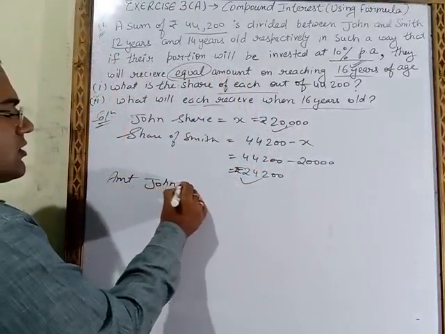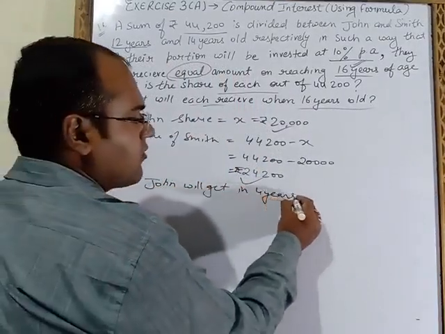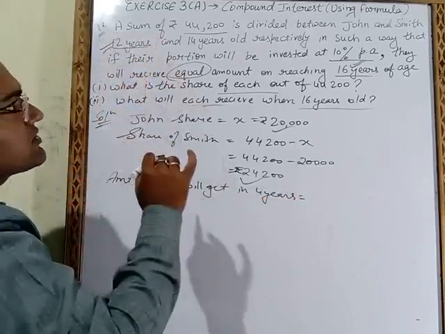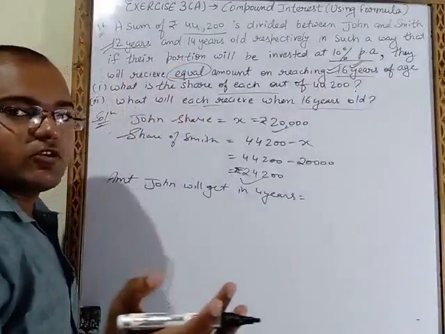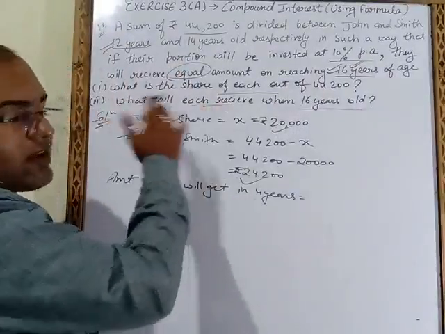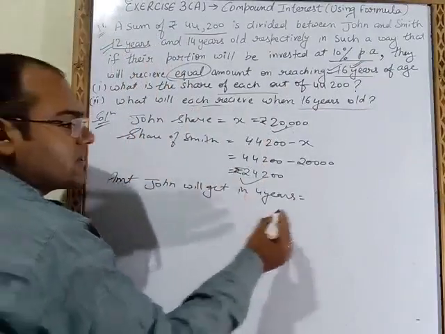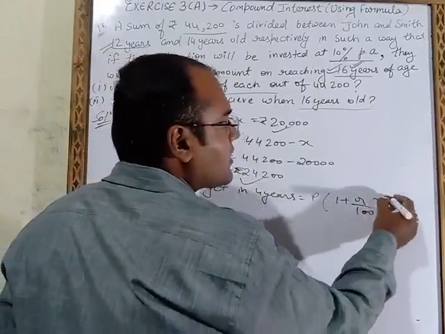So what you have to do, first of all, we will calculate amount John will get in 4 years. Why 4 years? Now age of John is 12. We have to calculate when he will be of 16 years old. That means between these 12 and 16 how many years are coming? 4 years. So amount John will get in 4 years is equal to P bracket 1 plus R upon 100 power n.